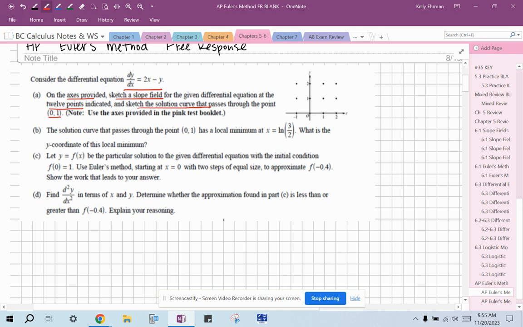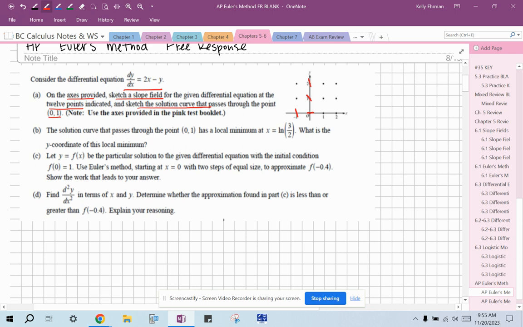I'm going to start when x is 0. When x is 0, the slope is always negative y, and you can do work off to the side. You don't have to show work. But at 0, 0, the slope is 0. At 0, 1, that's 0 minus 1, so the slope is negative 1. 0 minus 2, negative 2. I'm going to go over to the negatives here. Negative 2 minus 0 is negative 2.